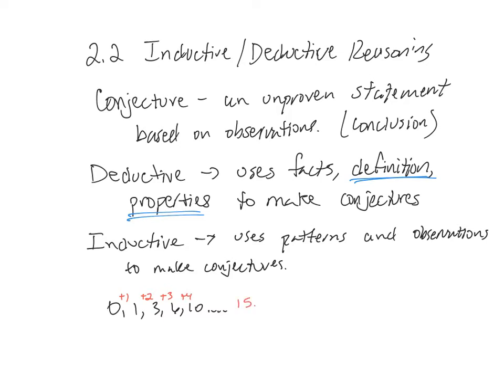So we could say up 5 and up 6. So to do that, you've just used inductive reasoning. Okay? So you'll have, like I said, some that it's a sequence of numbers or letters or figures, and you're just supposed to do the next two in that sequence.